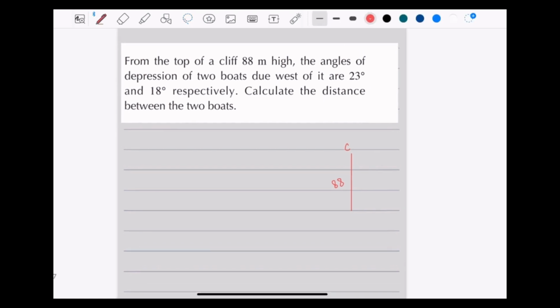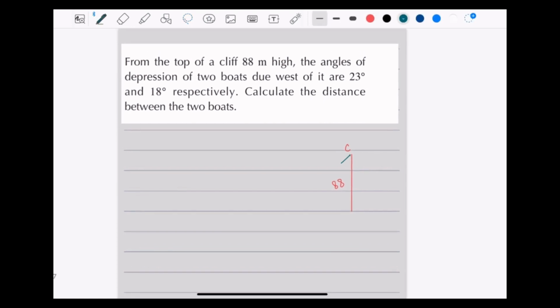So the angle of depression, there are two boats which are at a distance from each other. So let's call this boat 1 and this boat 2. Now, if the person is standing at the top of the cliff, then we can say that this here is the line of sight.